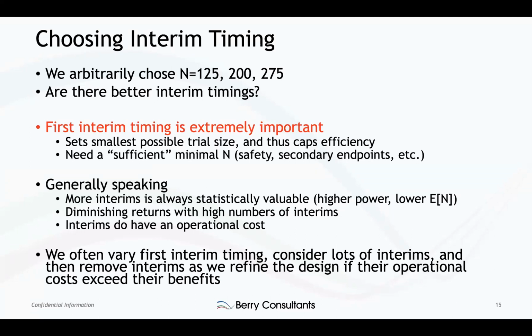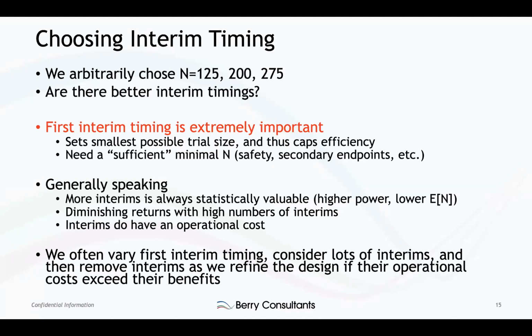Looks like we also have a question. Is it usual to perform an interim analysis for futility and subsequent for efficacy? If I interpret that correctly, it's certainly possible that you may do early interims where you only consider futility, and at later interims you consider success and futility.